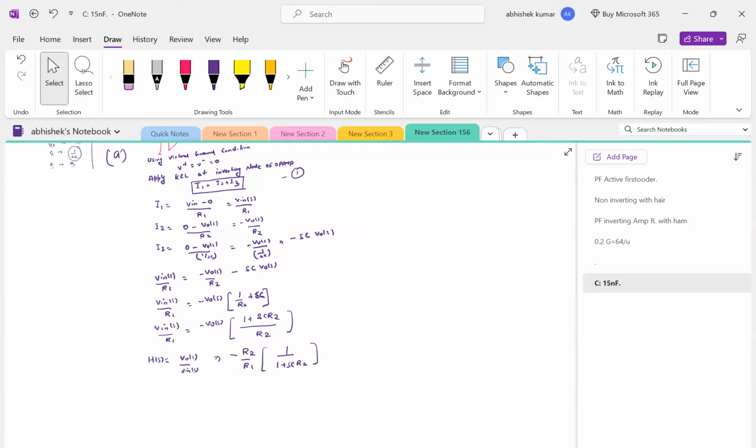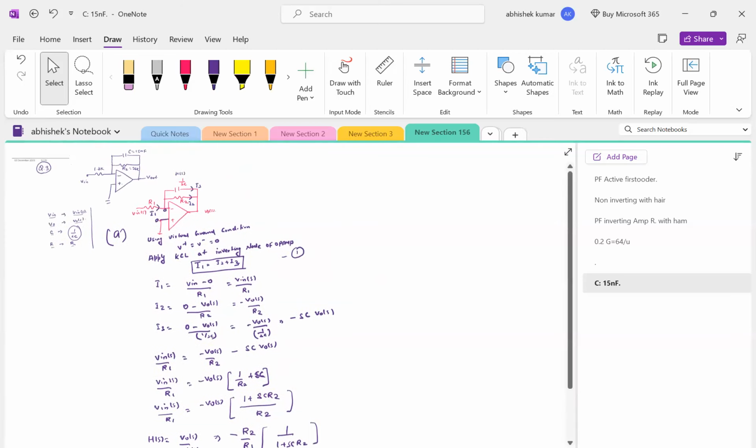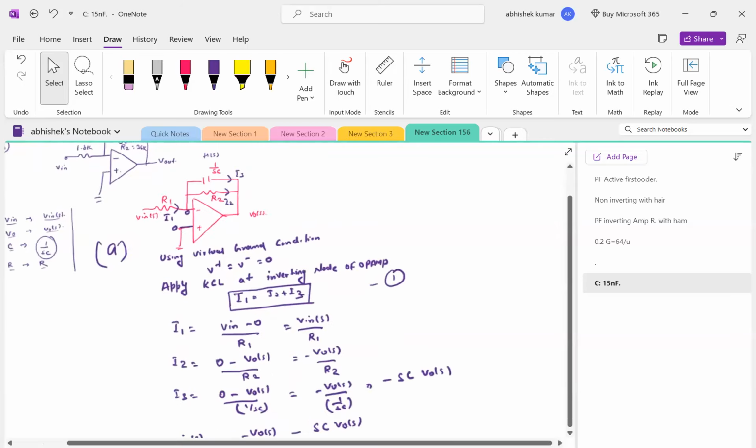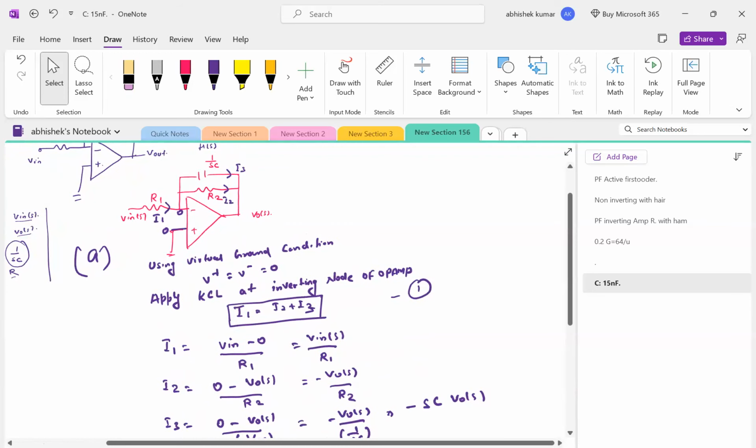No, it is not SC; these are in parallel, so it will be the parallel combination.